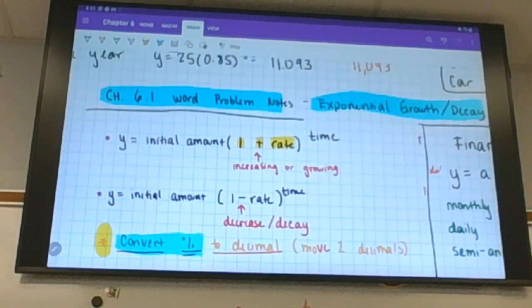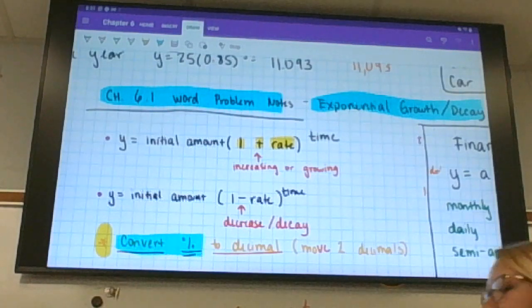Alright, so here's some notes for word problems. This is about when you read the word problem and you have to write an equation. You do y equals the initial amount, parentheses, if it's increasing or growing, you do 1 plus the rate.